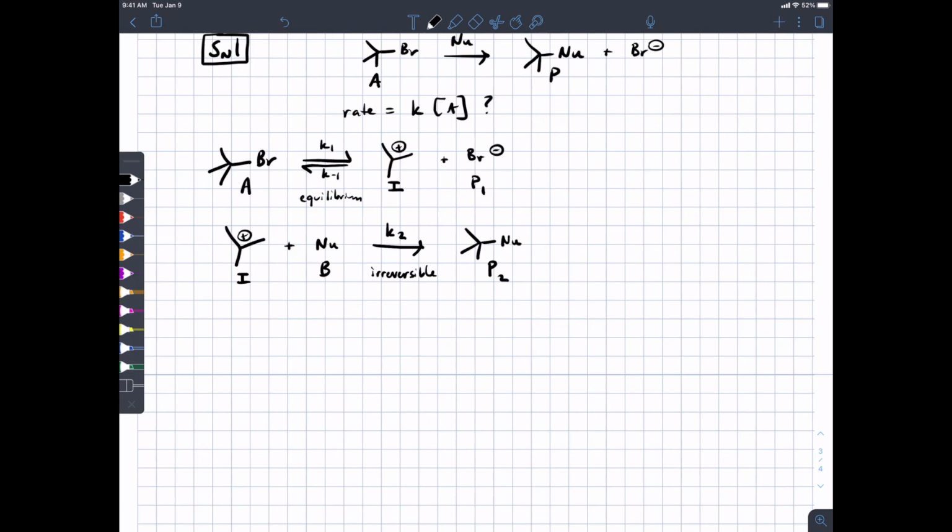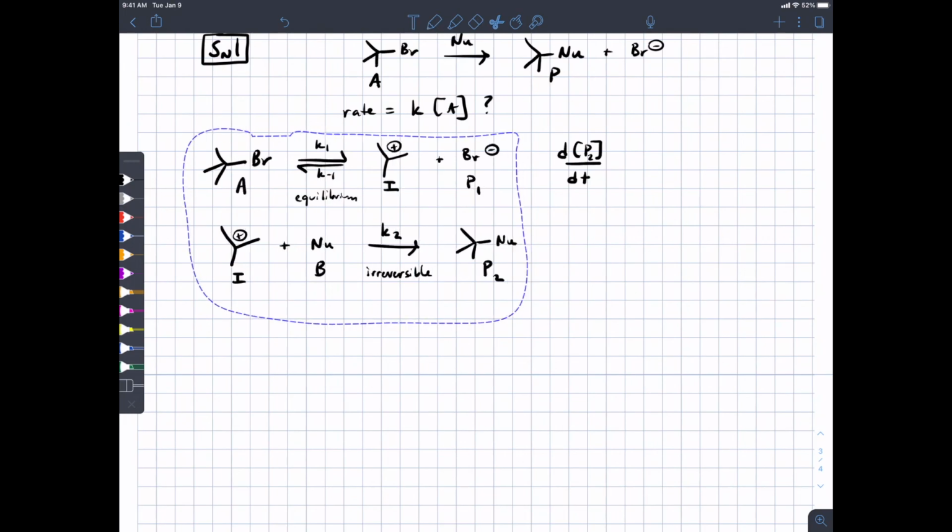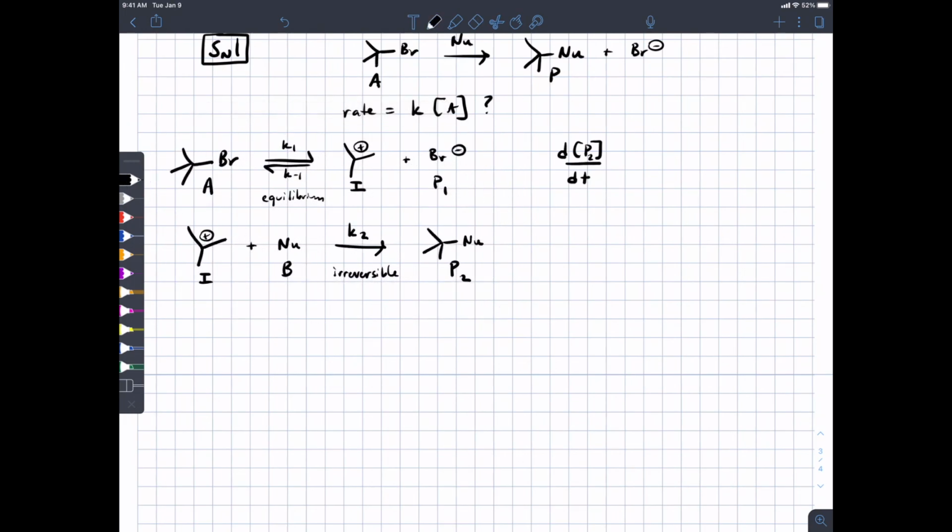All right, so how are we going to write a rate law for this reaction? Well, if you were going to look at the appearance of product 2, and at this stage, we're not going to make any assumptions about what the rate determining step is. That will come later. For now, we can write that the rate of the appearance of product 2 should be equal to the rate constant K2 times the concentration of intermediate I and the concentration of nucleophile B.